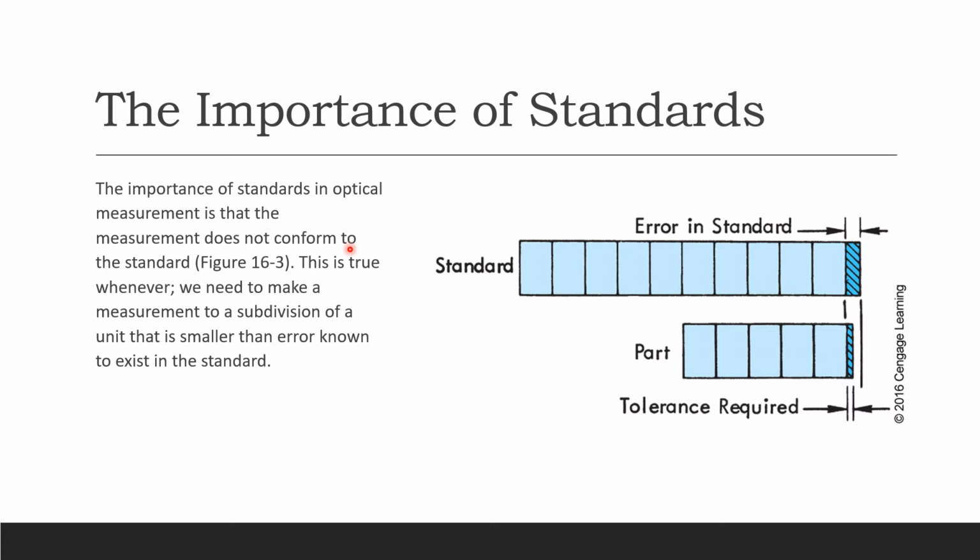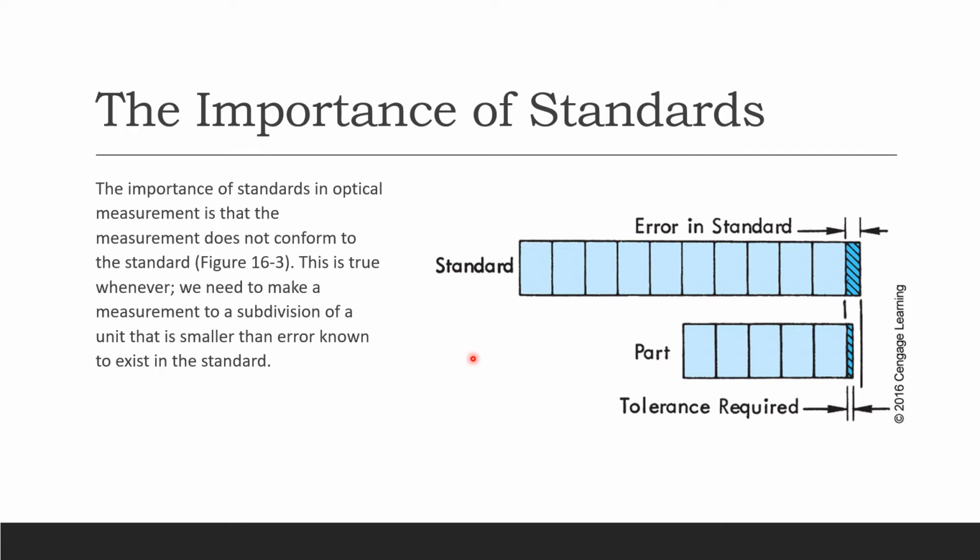The importance of standards here in optical measurement is that the measurement does not conform to the standard, even if we have it. That's true whenever we need to make a measurement to a subdivision of a unit that is smaller than the error known to exist in the standard. This is kind of bulky to understand.